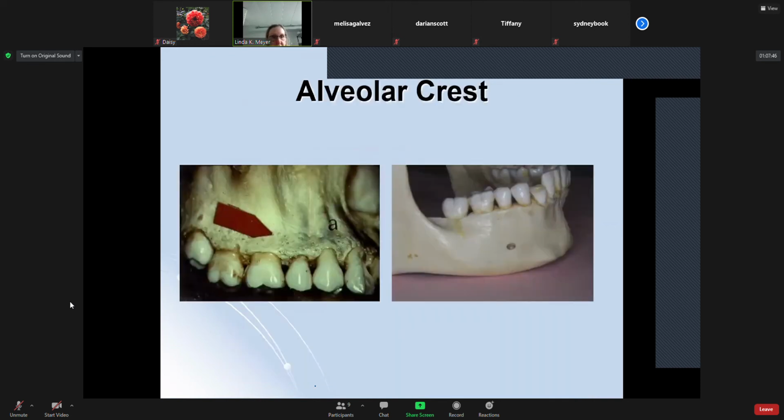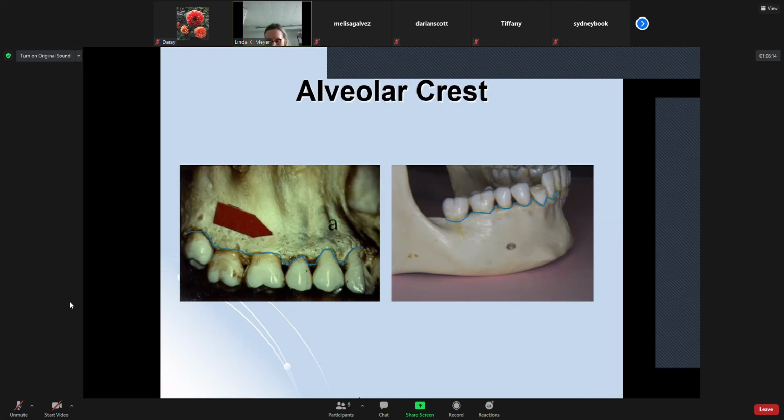Okay, so on these diagrams, we can actually outline the alveolar crest. You can just go all the way around on the maxilla or on this mandible. There's the alveolar crest.